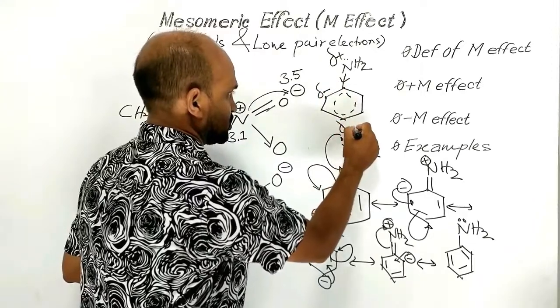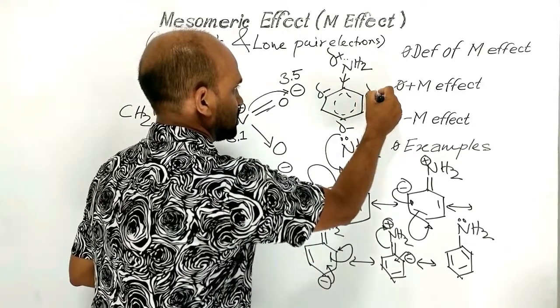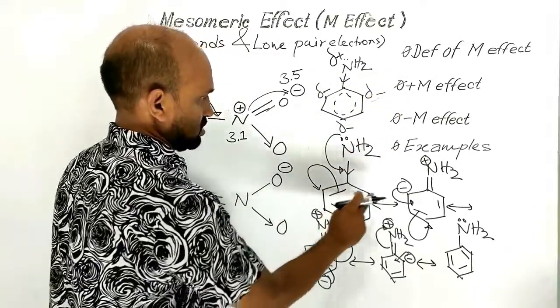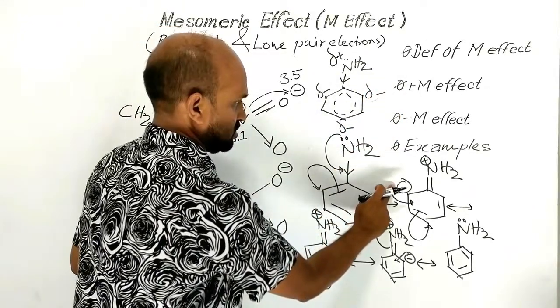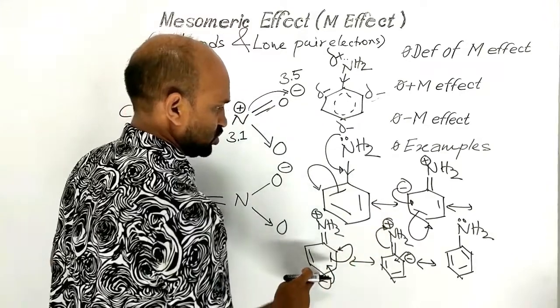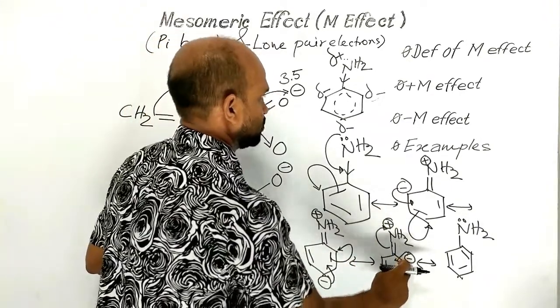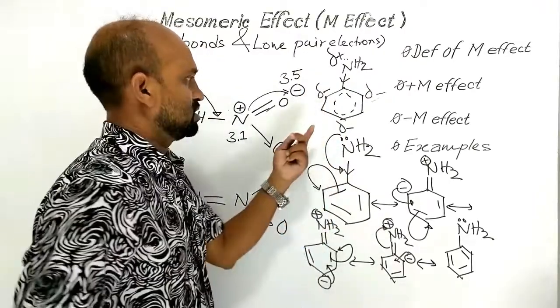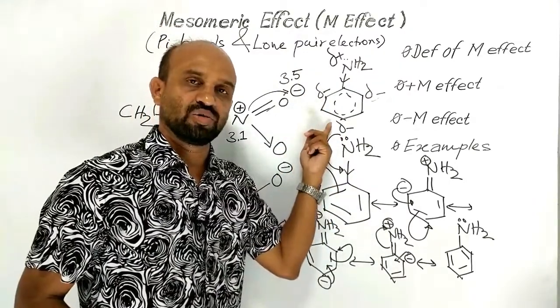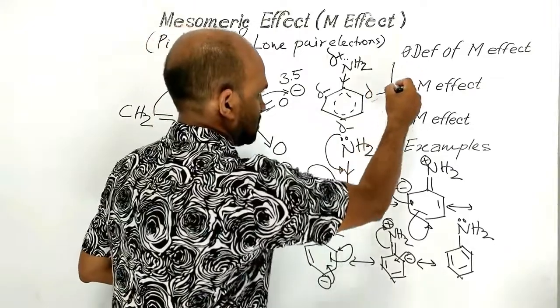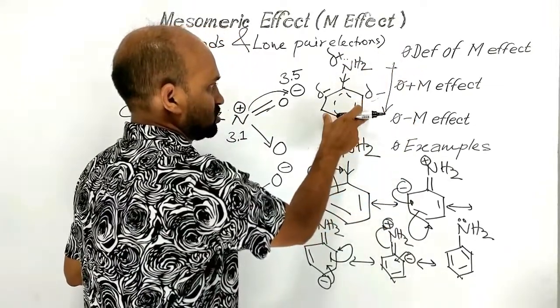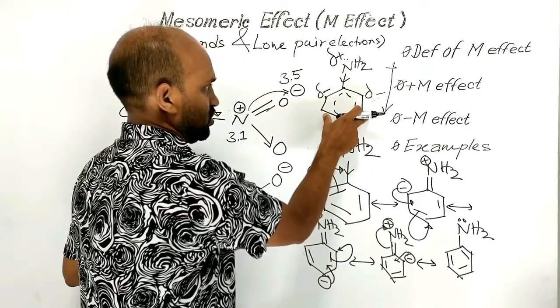This position gets partially negatively charged. This position gets partially negatively charged. This position, then this position, and finally this position. These three positions. Actually, this molecule becomes polarized. Positive pole, this moiety is negative pole.